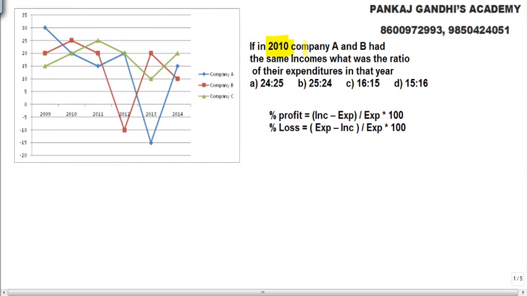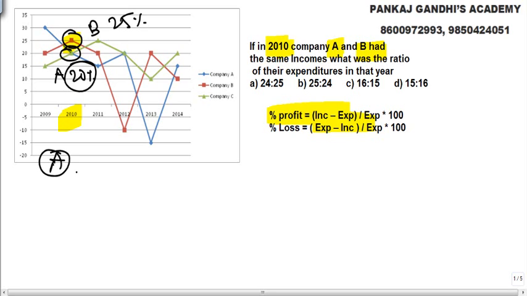Now in 2010, A and B had the same incomes. Mind well, in 2010 B's profit percentage is 25% and A had 20%. The question asked is: find the ratio of their expenditures. Simple, profit or loss is always on cost price.